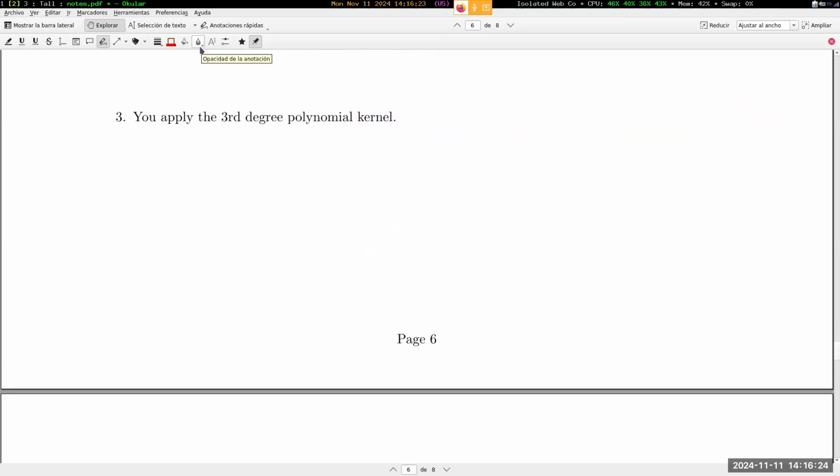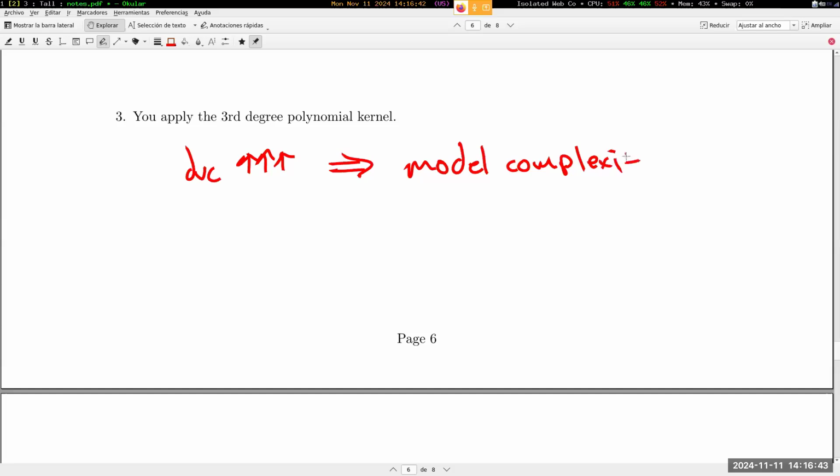We're through right here, so the third degree polynomial, so the VC dimension is going to go up a lot from applying the third degree polynomial. So again, the model complexity has increased a lot. If we were perfectly balanced on our model complexity before applying the third degree polynomial, then we are now going to be overfitting, and we need to bring our model complexity back down.